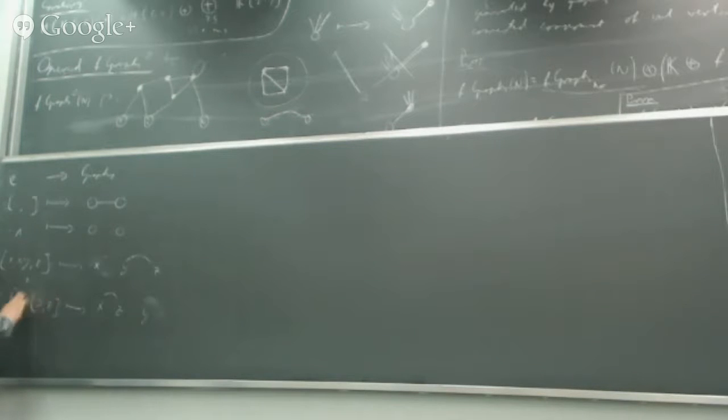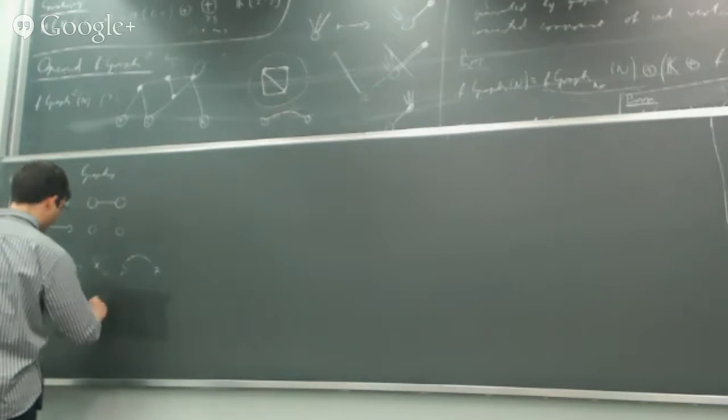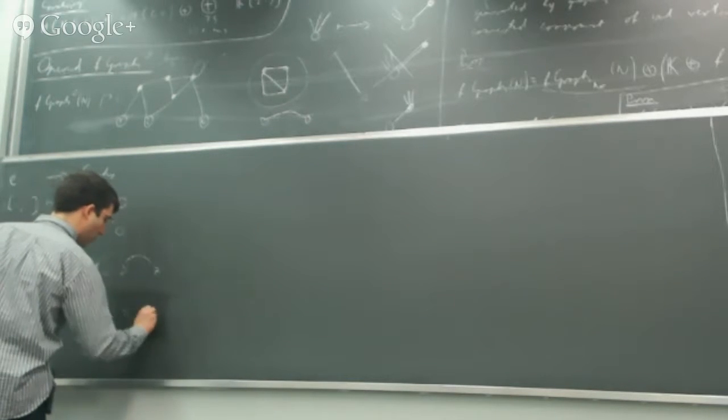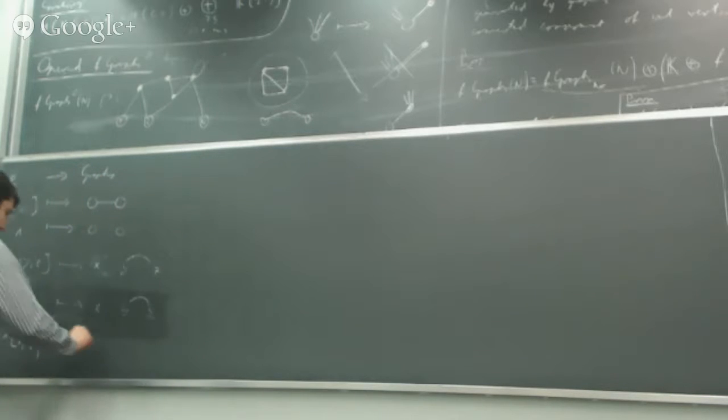No, I was wrong, sorry. This is not equal to this. So this is equal to X wedge Y, Z, plus Y wedge X, Z. And this is mapped to X disconnected to Y, Z, in all possible ways.